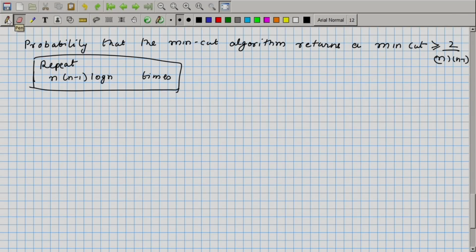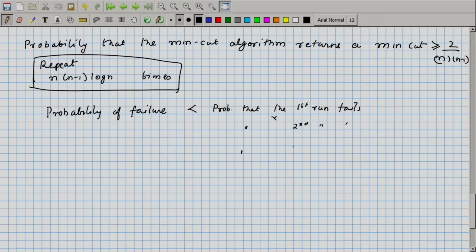This algorithm will fail if and only if the best possible cut found in every step was different from C. So, the probability of failure is going to be less than or equal to the probability that the first run fails times the probability that the second run fails times and so on up to the tth run fails.